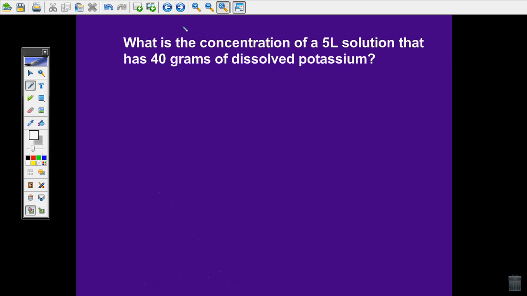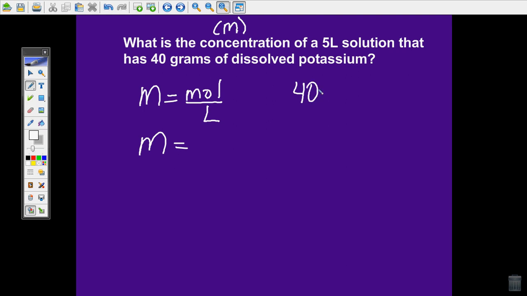What is the concentration? So here we're looking for big M, molarity, of a 5-liter solution that has 40 grams of dissolved potassium. So my equation is moles over liters. I have 40 grams of potassium, but I need moles, so I need to convert this real quick.